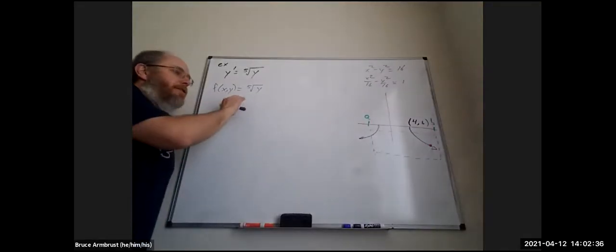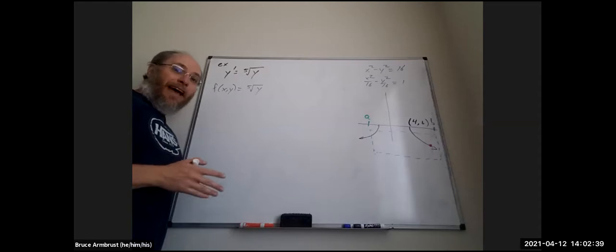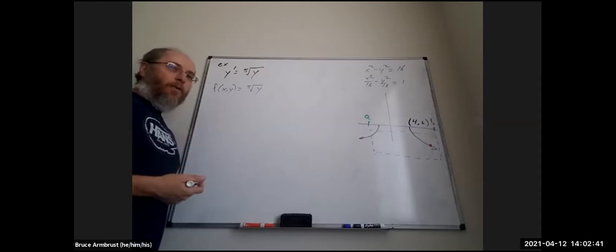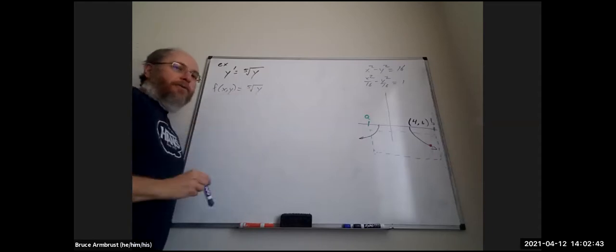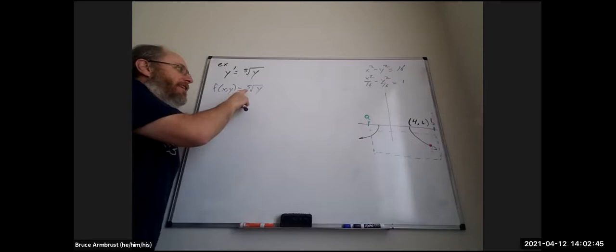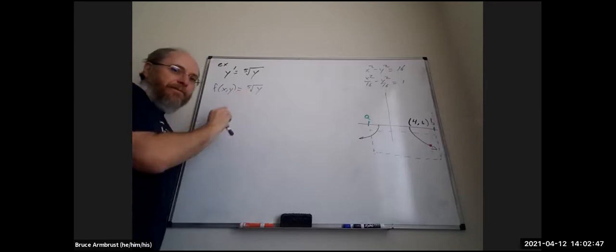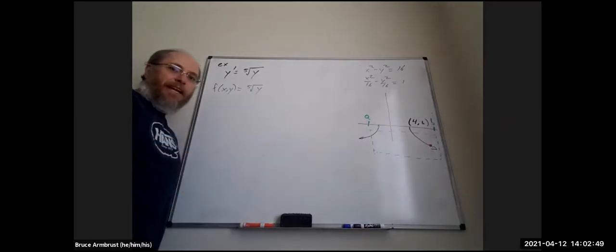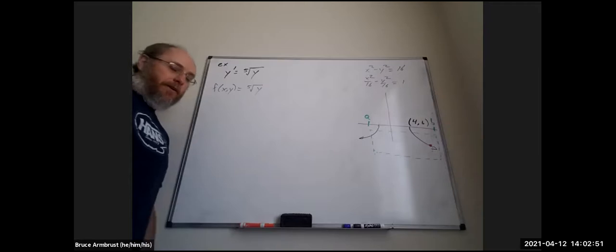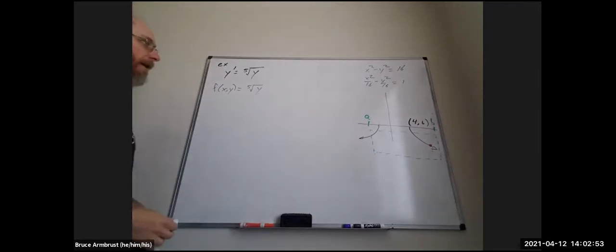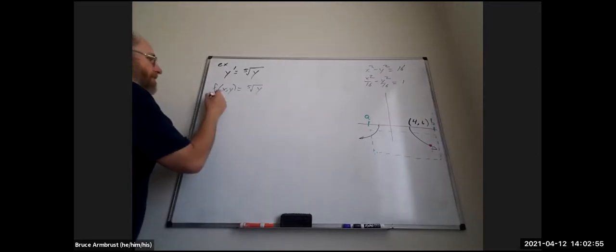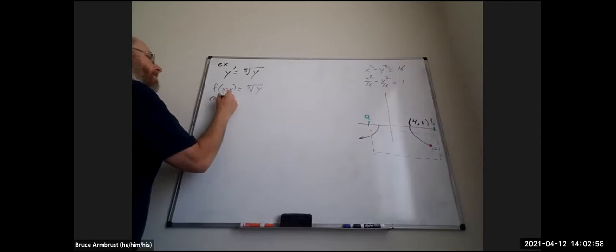Okay, so this one is continuous everywhere. Notice that there are no x's, so we don't have to worry about that. We do have to worry about the y's, but a 5th root of y, since it's an odd index, is always good. You can even put negatives in, no problem whatsoever. All right, so what we know from this is that this is continuous everywhere.